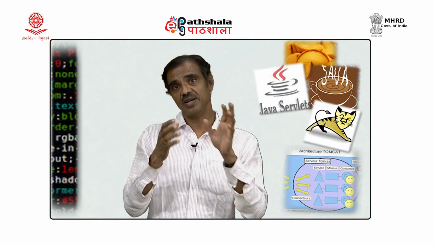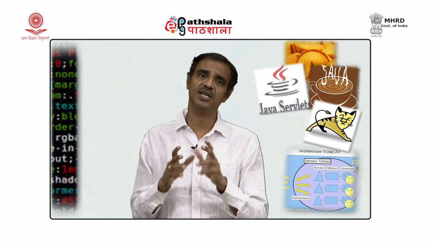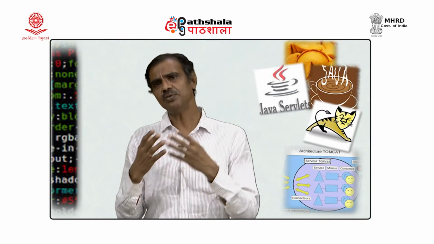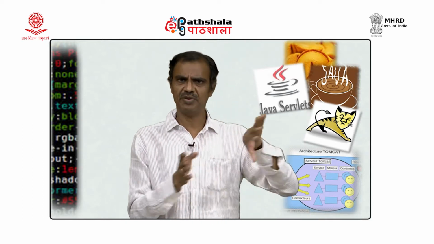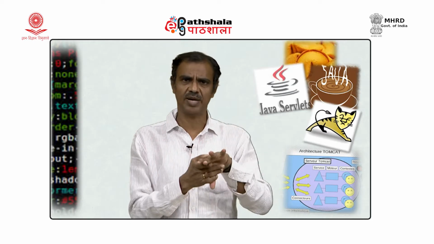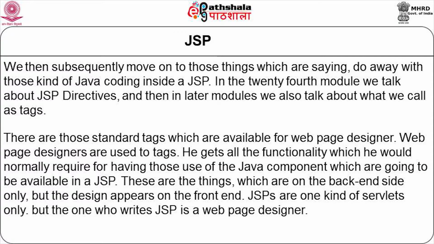But anyway, we cover those kinds of elements which go in a JSP, and then subsequently we move on to things which say you do away with that kind of Java coding, do not do any Java coding. We talk about JSP directives, but we also talk about what we call tags. There are standard tags which are available for any web page designer.